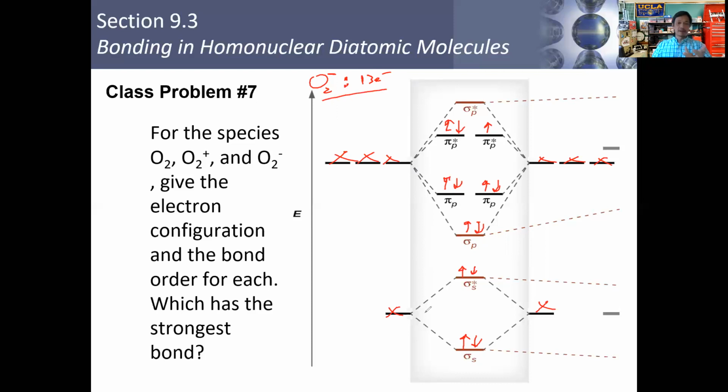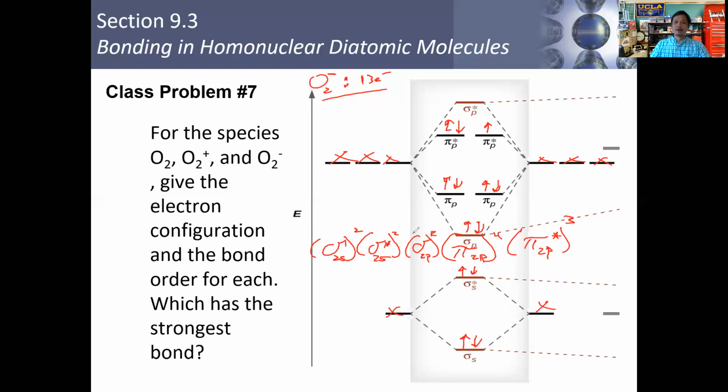Let's write out the electron configuration for O2 with the negative. We have sigma 2s with 2 electrons, sigma 2s star with 2 electrons, sigma 2p with 2 electrons, pi 2p with 4 electrons, and pi 2p star with 3 electrons.